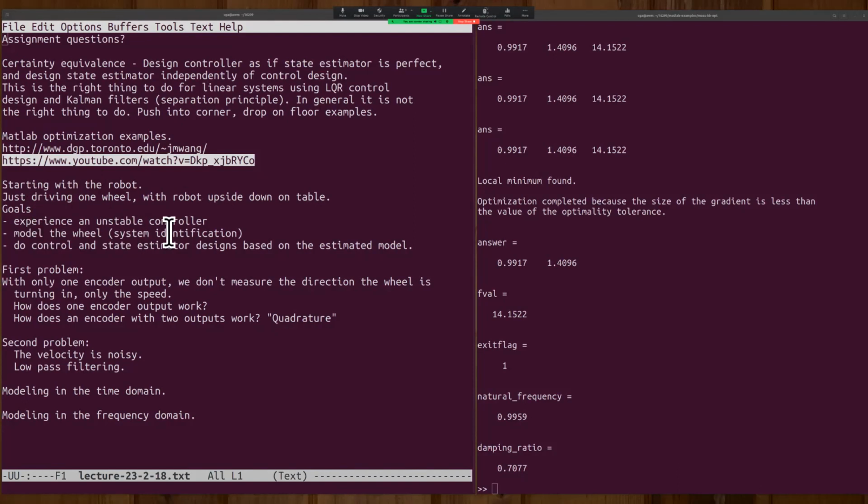The first thing I want you to do is make it go unstable and play around with that. I think it's really important to get a feel for what can go wrong. And, you know, if you burn up the robot, fine, I'll give you another one. This is what makes the difference between real robotics and just doing math.